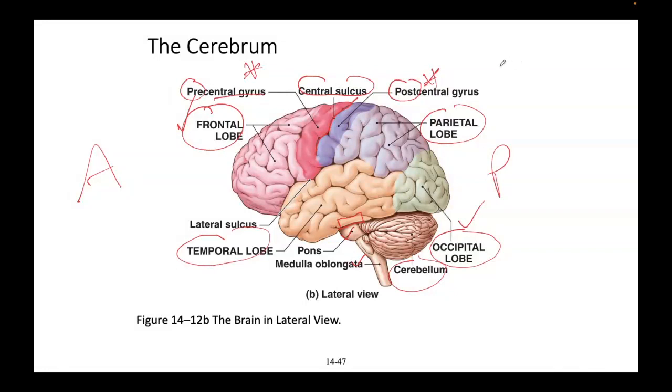And if we think back to sensory and motor tracts, or ascending and efferent information, all of your sensory information ends up going to this part of the brain, and all of the motor information begins in the precentral gyrus.